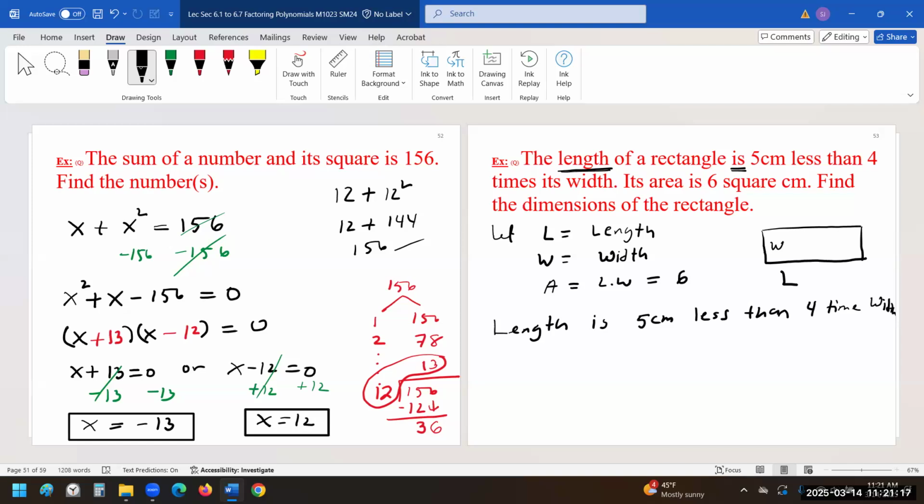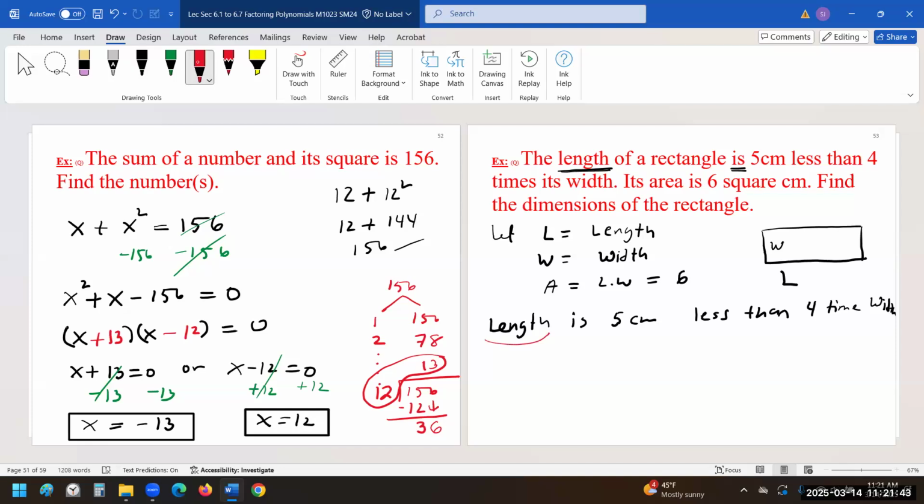Why is my line always going left? I don't understand. Let me try writing it a little bit straight. Length is 5 centimeter less than 4 times width. Okay.